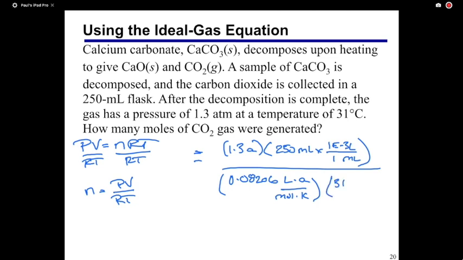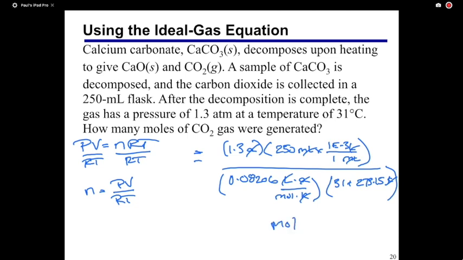What's the problem with that? Needs to be Kelvin. Okay, that will give us Kelvin. All right, and so atmospheres cancel out, liters cancel out, mL cancel out. The Celsius converted into Kelvin, so Kelvin cancels out, and I get mole. Mole divided by our 1 over mole, which is on the bottom, which then becomes mole on top, mathematically.